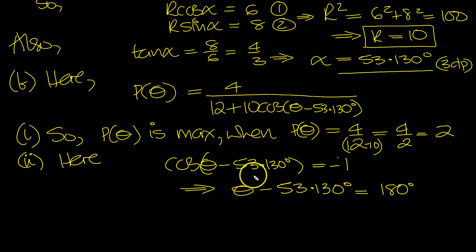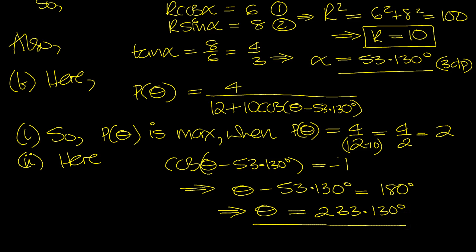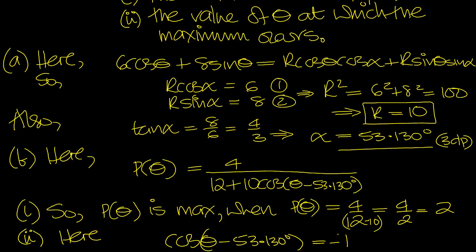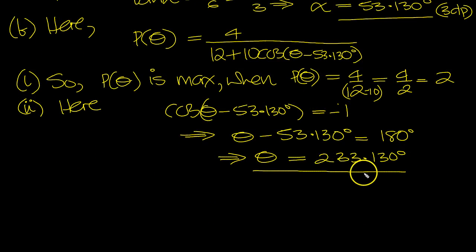Cos of 180 is minus 1, so that tells us a value of theta. Move that over, it's 233.130 degrees. And it just said a value of theta in the question, so we found that value, 233.130, to 3 decimal places.